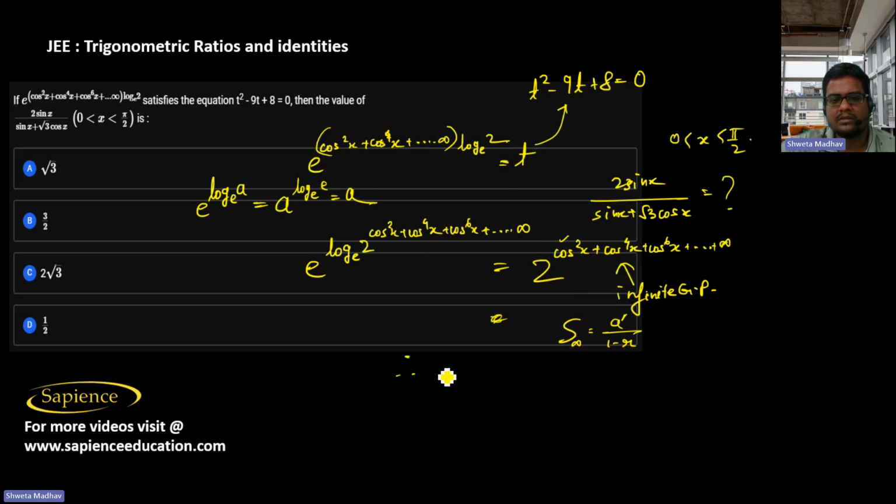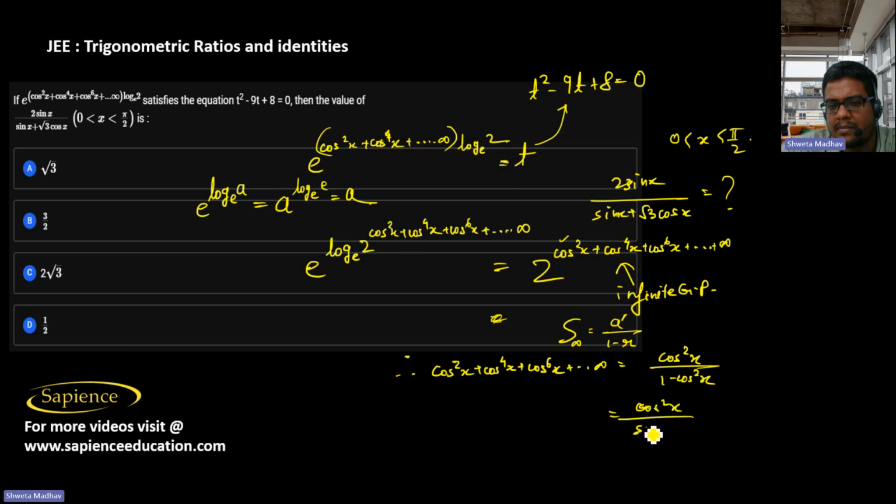So here this cos square x plus cos power 4x plus cos power 6x plus dot dot till infinity can be written as cos square x by 1 minus cos square x, since the common ratio is also cos square x. So this is cos square x by sin square x, that is equal to cot square x. Cot square x is the sum. So therefore this will be equal to 2 power cot square x.